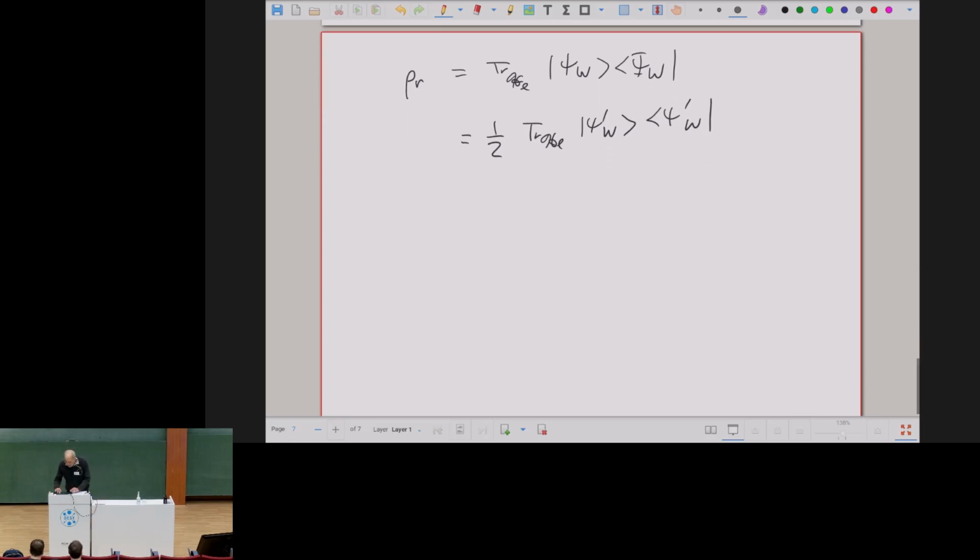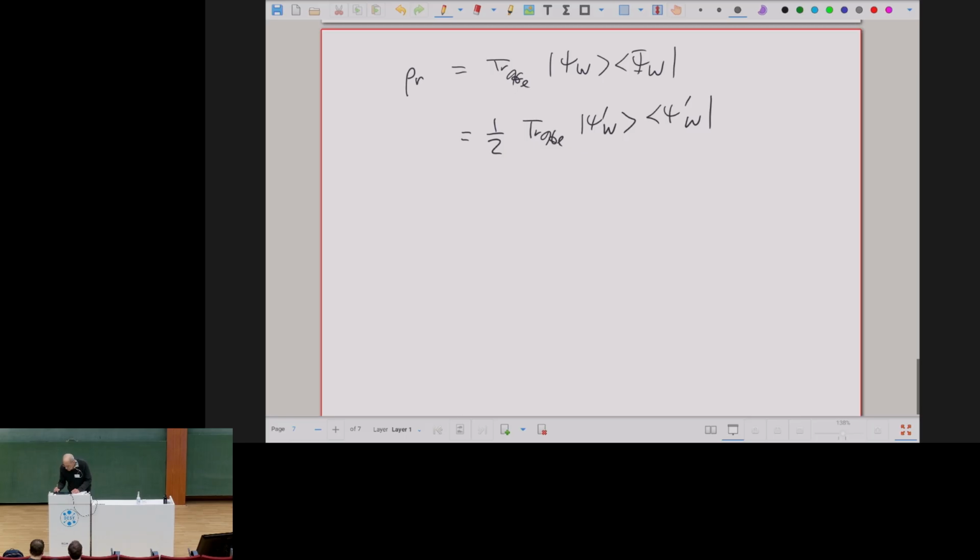And apart from the factor of 1 over Z, the unnormalized state is given by a path integral on the lower half of the Euclidean Schwarzschild space. As I hope you're getting tired of hearing me say, this is the ket, and the corresponding bra is a path integral in the upper half.